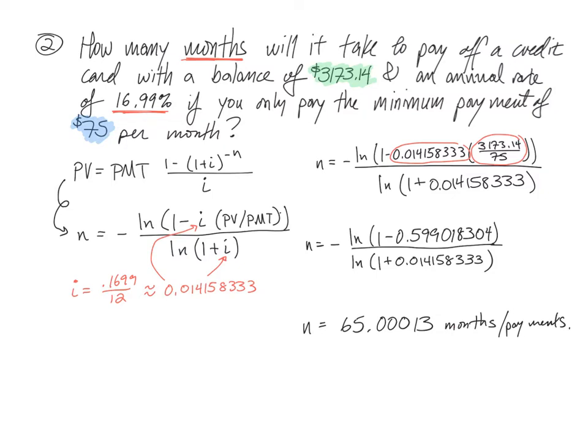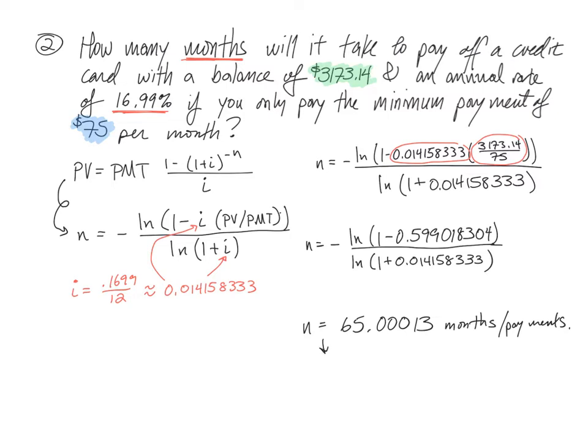So technically speaking here, if you only paid $75 per month, at the very end, you'd probably have like a penny left over. In reality, you would probably just pay the $75.01 left over. But mathematically and theoretically speaking, if you're only going to pay $75, you don't quite meet the requirements to pay it off in 65 months.